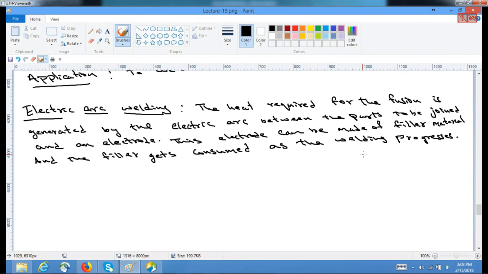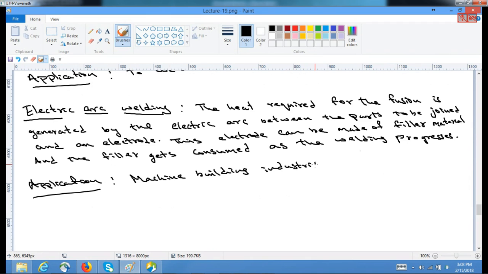This application is mostly popular in machine building industries and structural work.